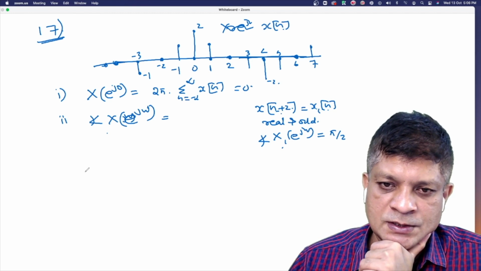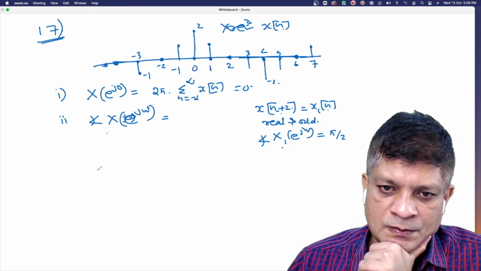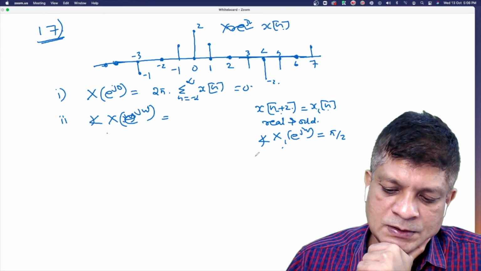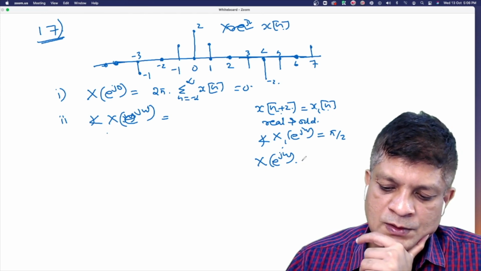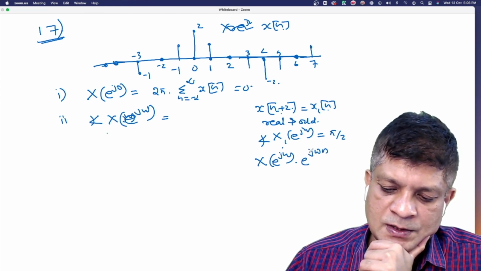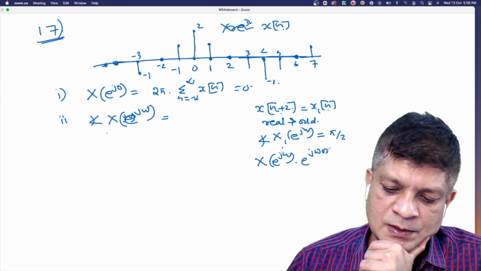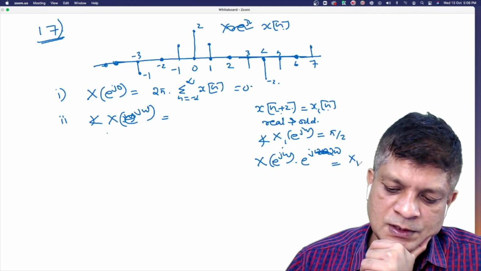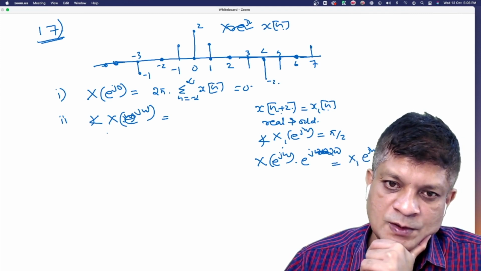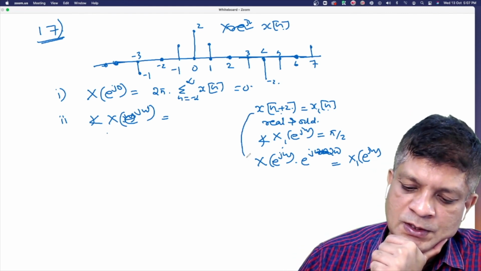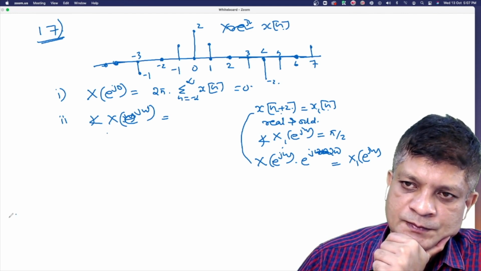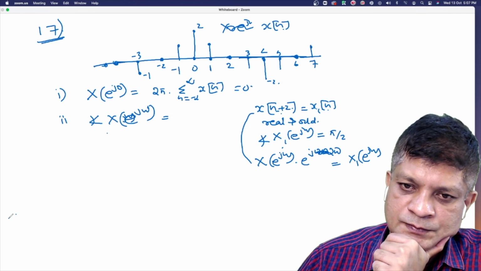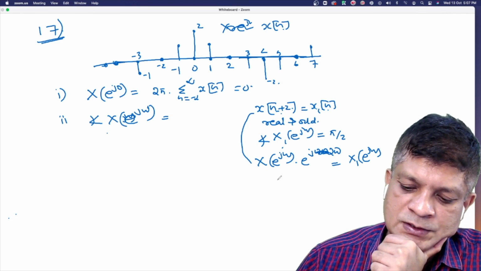If this is the relation in the time domain, is it X(e^{jω}) times e^{j2ω} equal to X1(e^{jω})? If you take the Fourier transform on both sides, will you get this relation? Yes, sir.